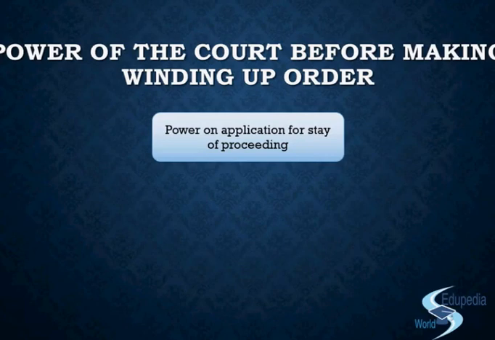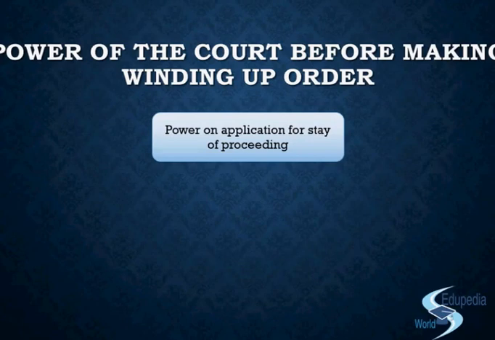Now, to whom to make the application? Because you know there are various courts. Sometimes it is with the high court, sometimes it is with the district court or anything. So whom do you approach to make the request to stay the suit?